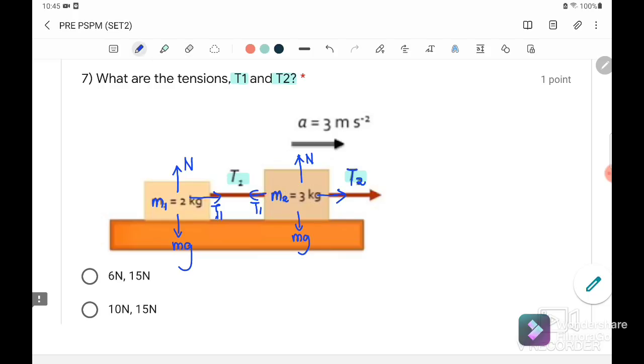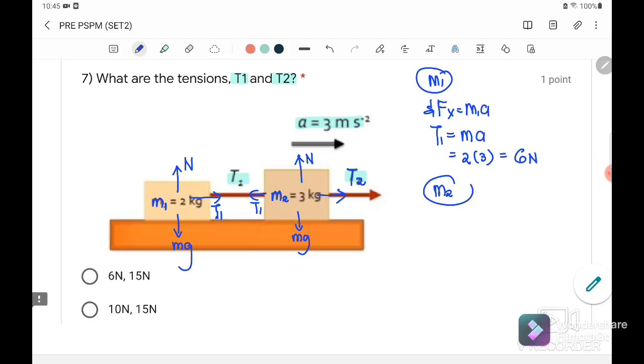The first equation from M1 is Fx equals M1 a, where Fx for object 1 is only tension. So T1 equals M1 a, where M1 is 2 kg and a is 3 meters per second squared. Therefore, T1 equals 6 Newton.